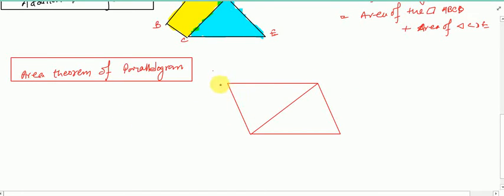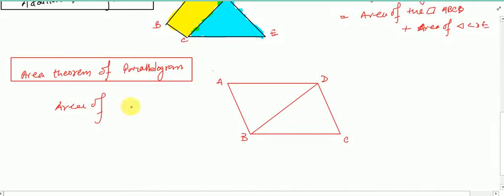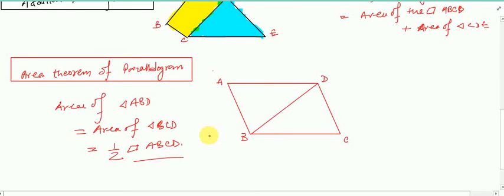And for this, if I label this A, B, C, D, so these two triangles, that means the area of triangle ABD equal to area of triangle BCD, and this is equal to half of the area of the parallelogram ABCD. This you need to know.